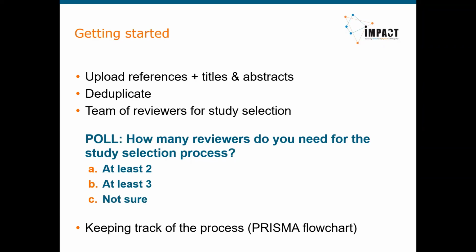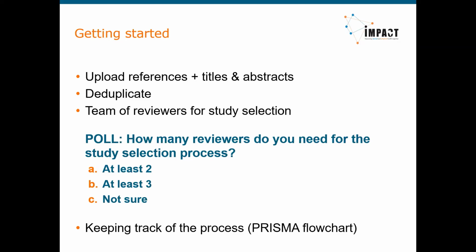It's not 100% foolproof, so you will still have some duplicates in, because if there are really small differences in the titles, for example, or the names of the journals, then the software might not realize it's a duplicate, so you will still have to get rid of those later.